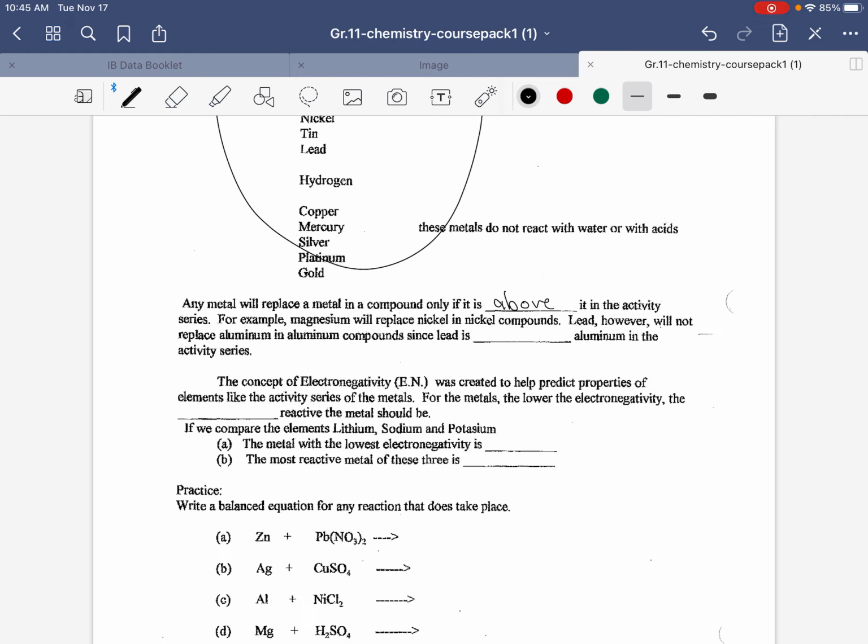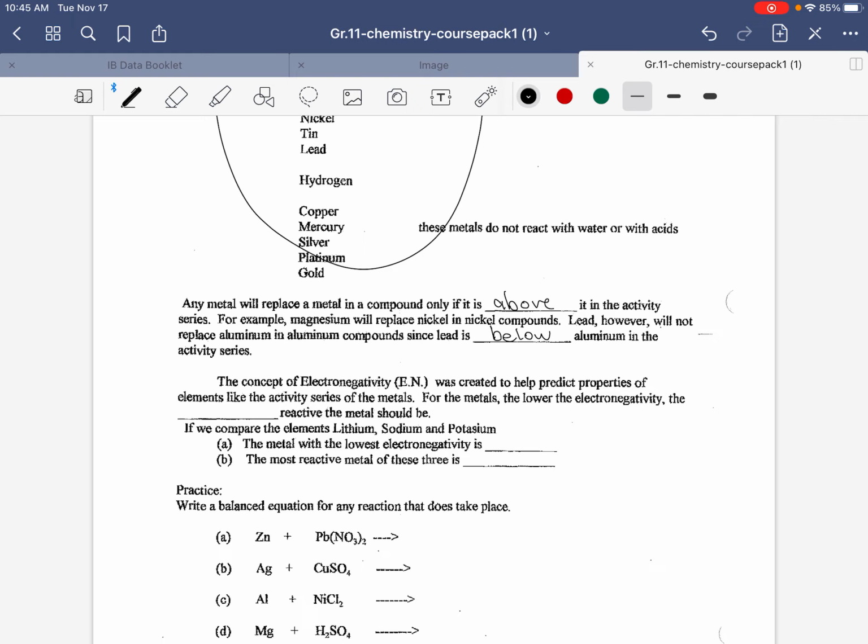Lead will not replace aluminum. Sorry, lead is below aluminum. So lead will not be displacing aluminum in an aluminum compound. All right?